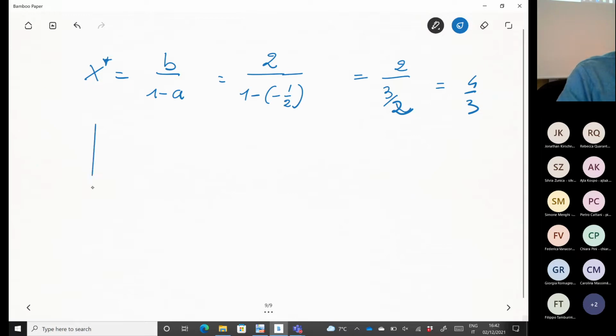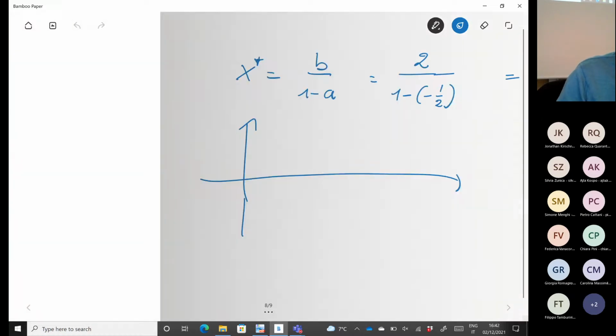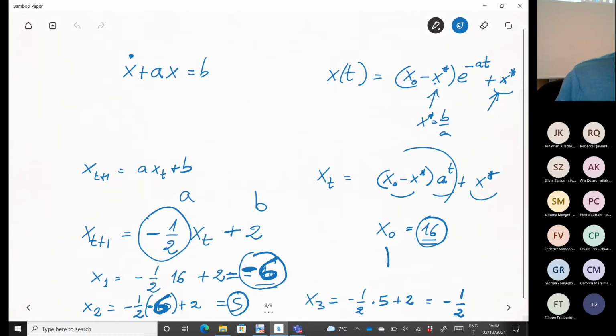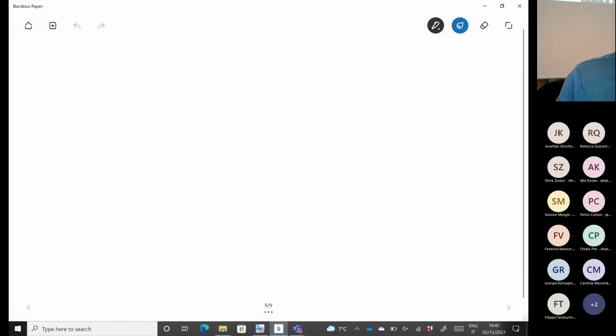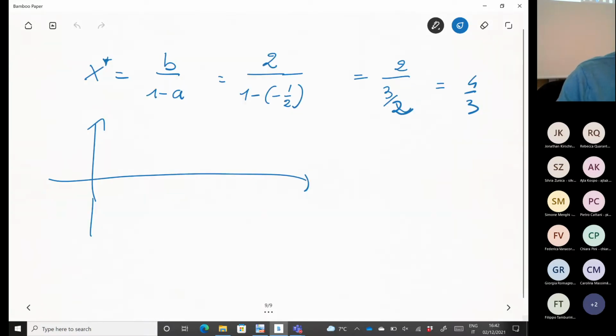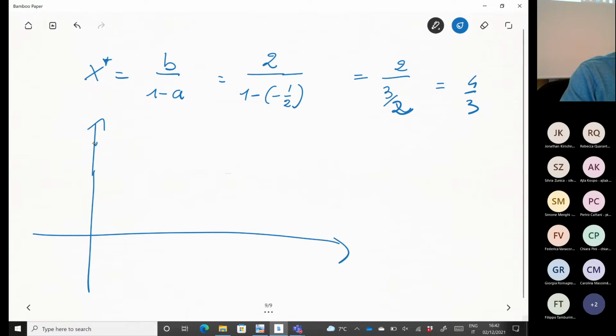I'm not sure I didn't make any mistake. Did you check my computations before? But anyway, qualitatively it is like this. It starts from 16, something here, okay?